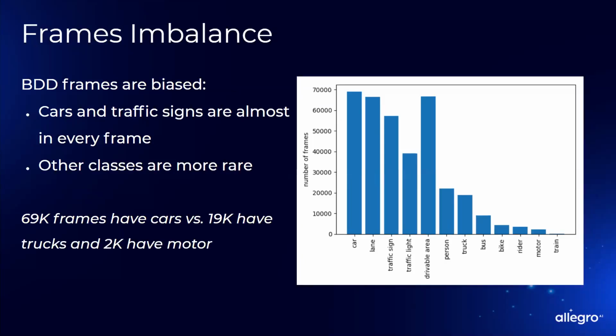Another kind of imbalance is the frame imbalance that we discussed. And what does it mean? If we look at each frame and we count the number of frames where car appears, lane appears, or person appears: 70,000 frames have cars versus only 20,000 frames have trucks and only 2,000 frames have motorcycles.